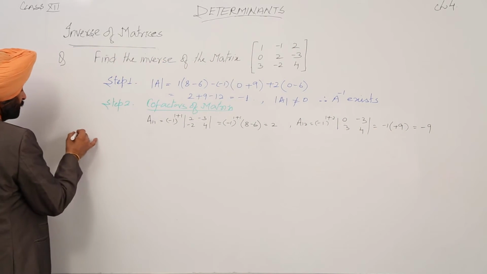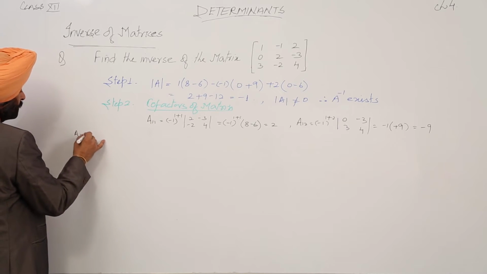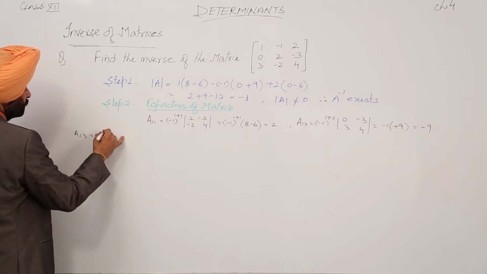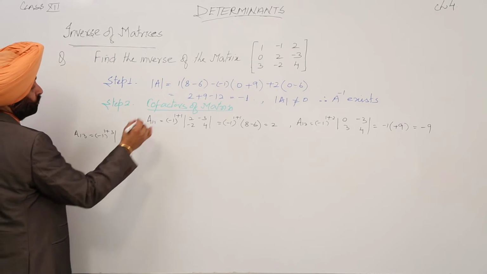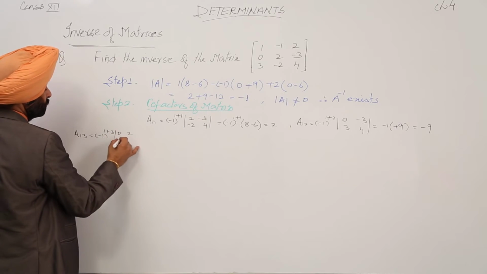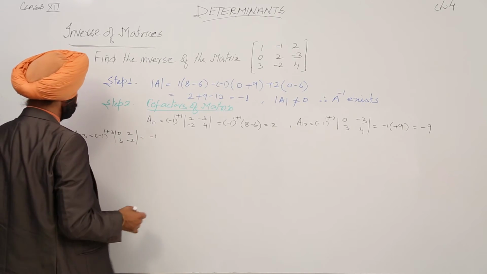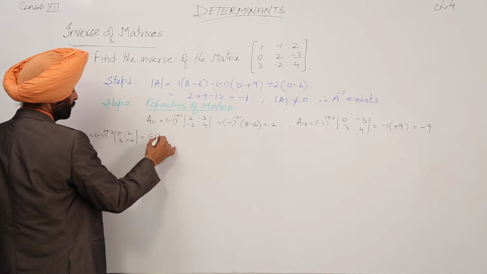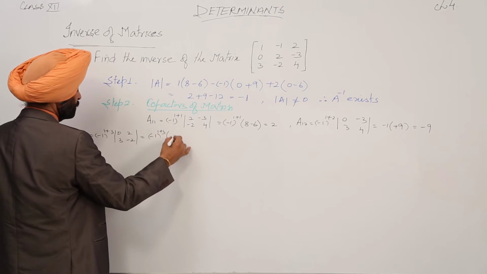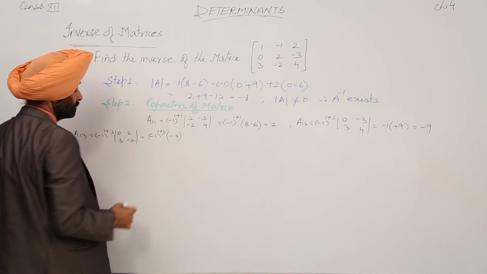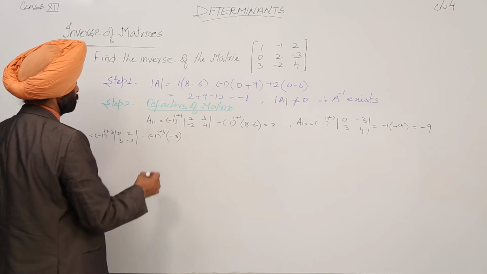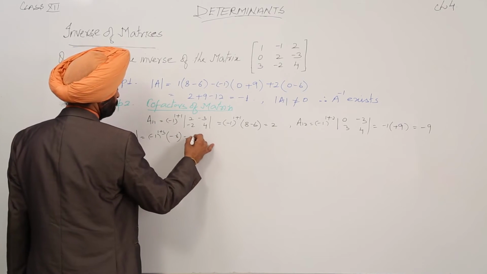Similarly we can move with A13. A13 is equal to minus 1 raised to power 1 plus 3 with (0 2, 3 minus 2). This is equal to minus 1 raised to power 1 plus 3 with 0 minus 6. Okay, so here it becomes minus 6.